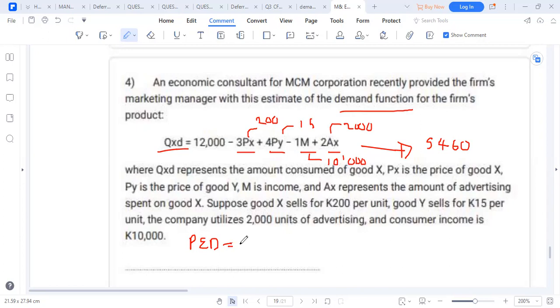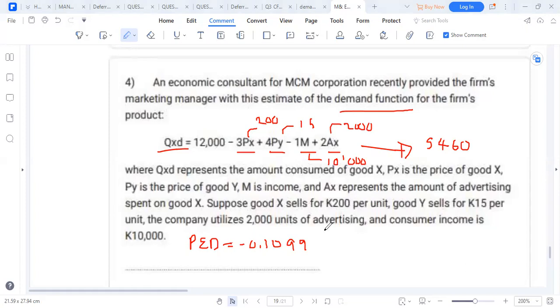Negative 0.1099. Do we agree? Yes. You agree? Do you agree with that? Or you don't know? You've got something else.